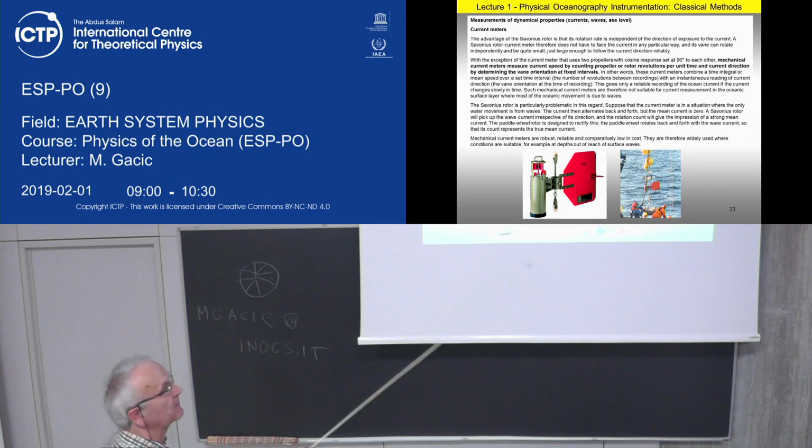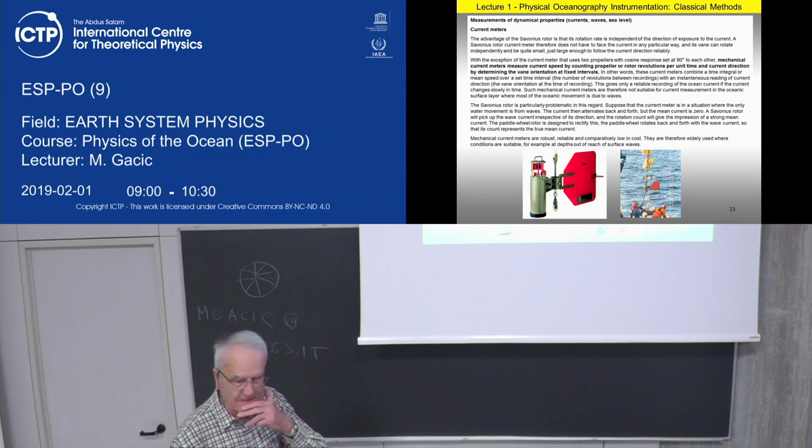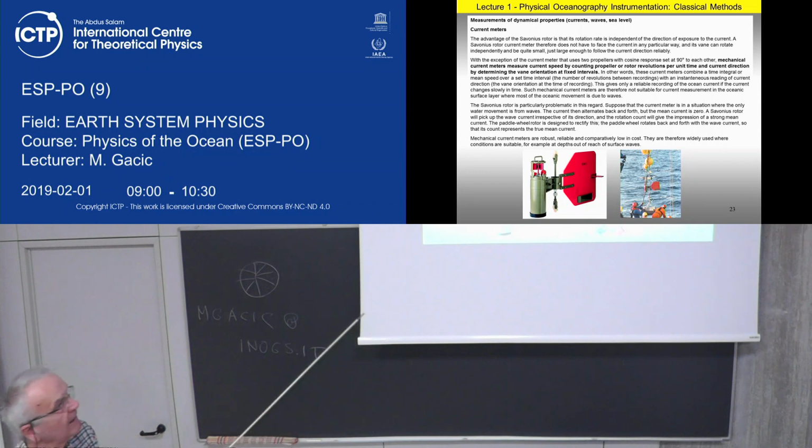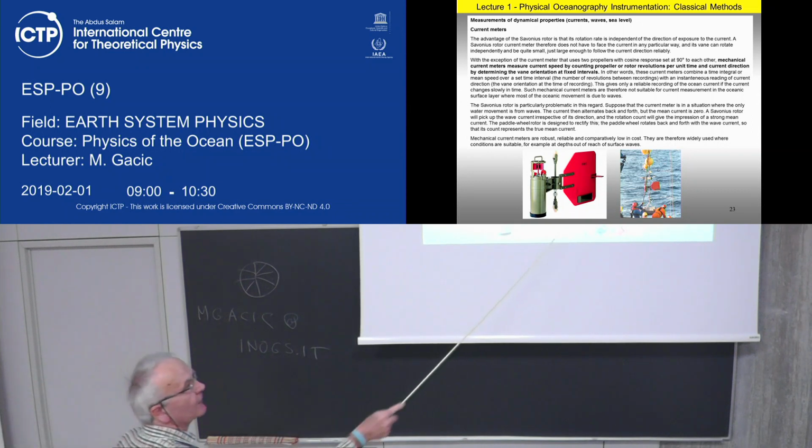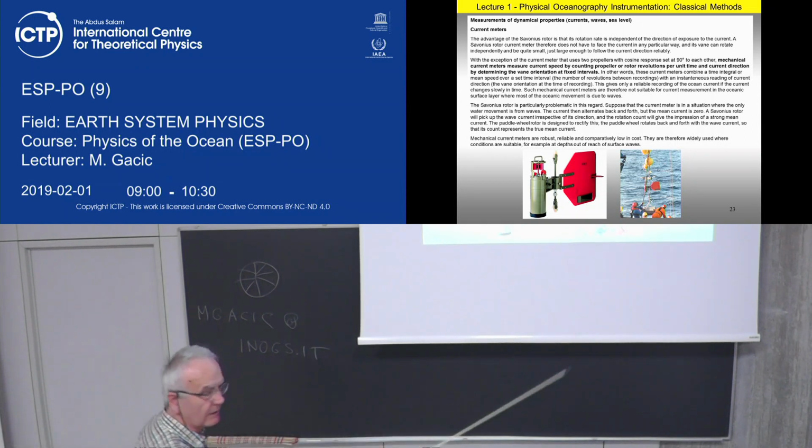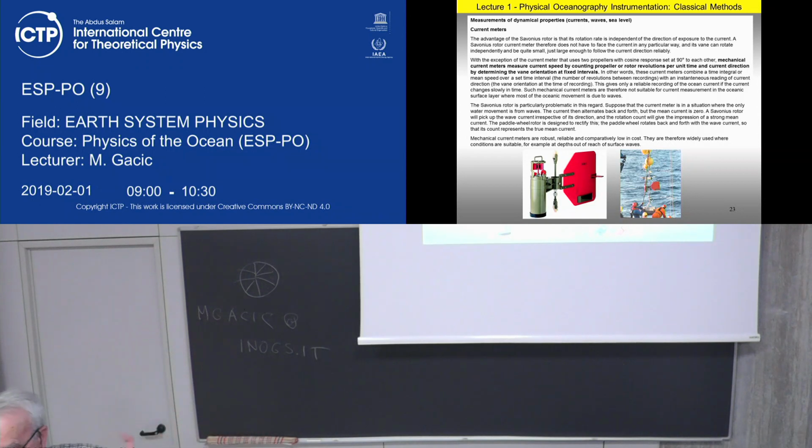That's relatively cheap, costing like 10,000 euros, and this is typically put at a certain depth, and it measures electronically. It records the velocity on magnetic tape, which is here inside, and when you pick it up, you read your tape and obtain the records.